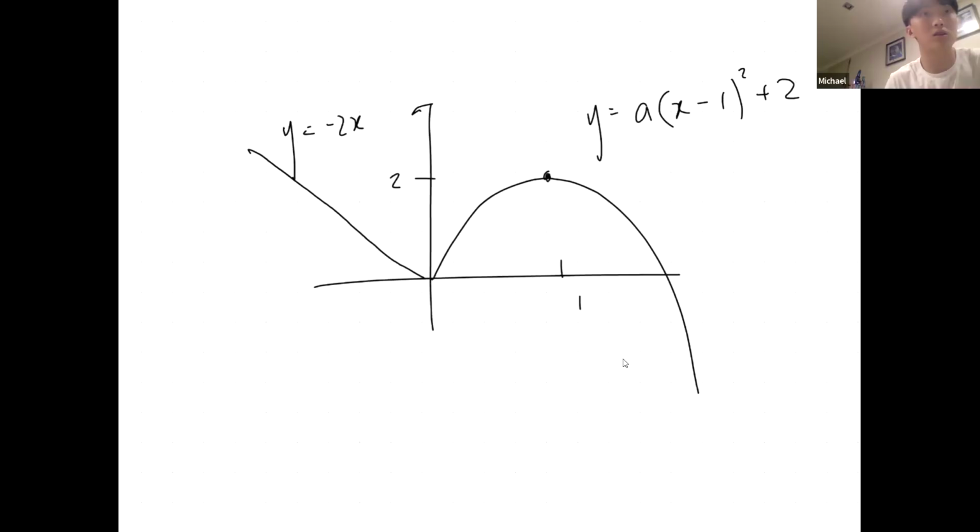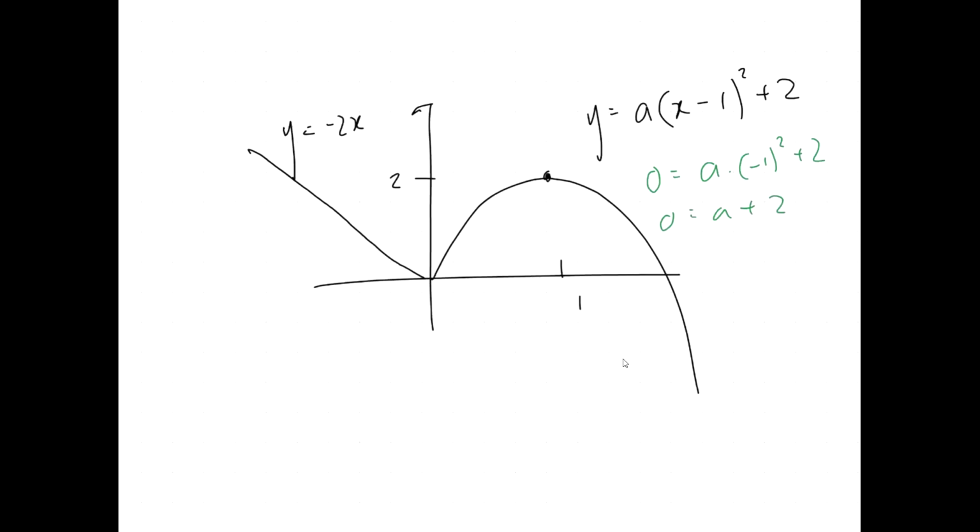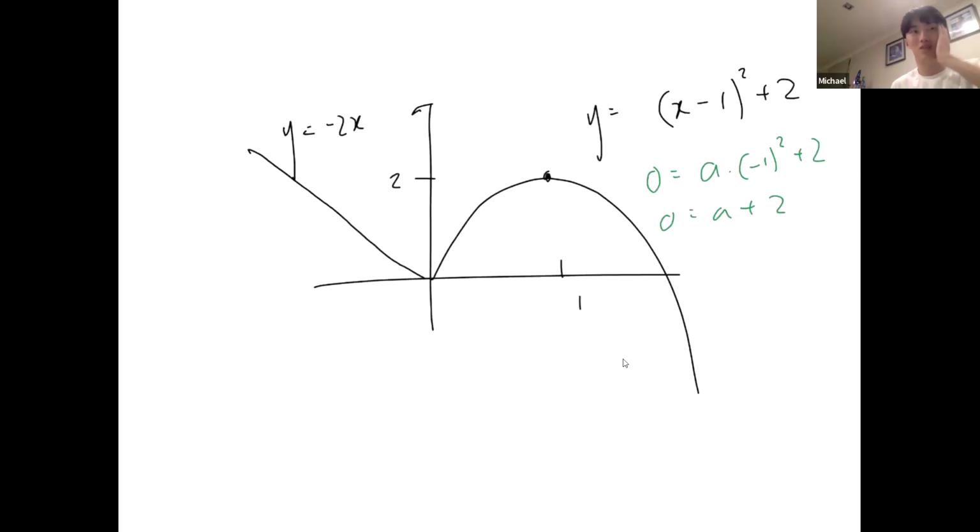If we put 0, 0 in there, we get 0 equals a times 0 minus 1, which is minus 1 squared, plus 2. Which pretty much gives 0 equals a plus 2. Oh, Hannah, it's actually negative 2. Yes, we get negative because it's curving down. Negative 2. Okay.